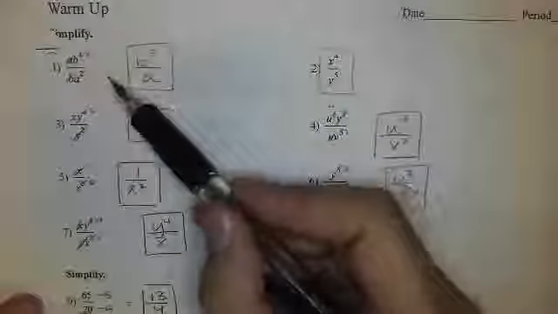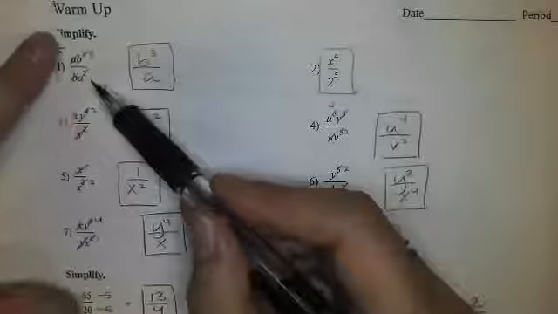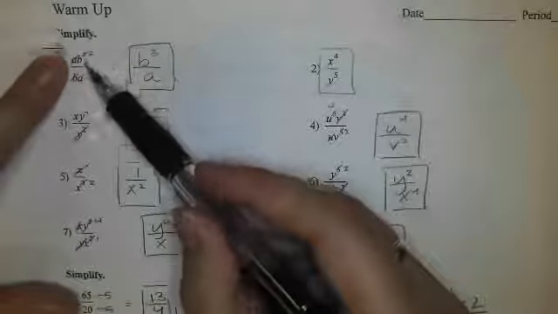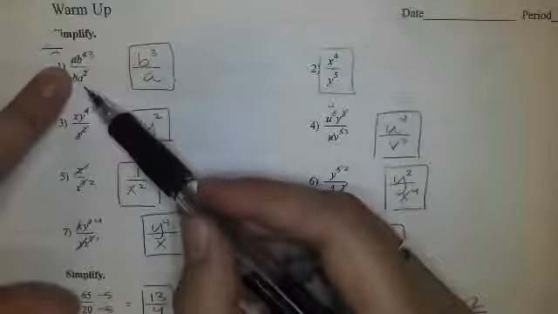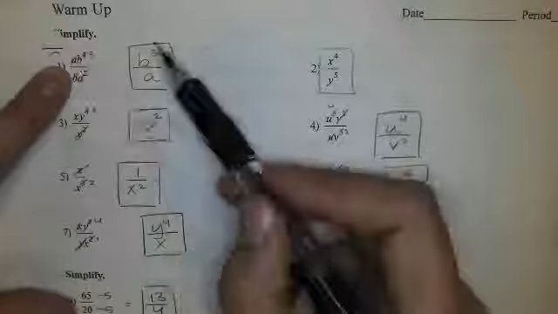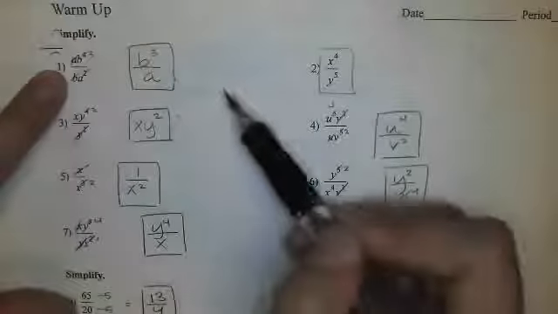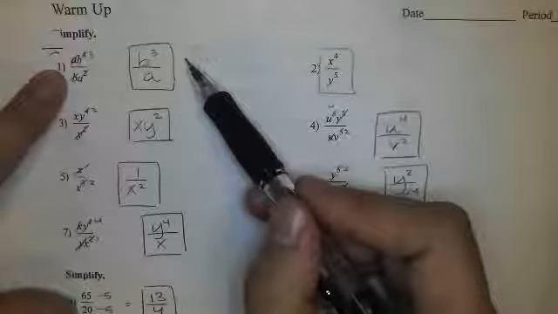If we look at our warm-up, on number 1, in the original problem we had a b to the 4th on the top and b a to the 2nd on the bottom. To get b to the 3rd as the answer, we said there was 1 b on the bottom and 4 b's on the top, so I could cancel out one of those on the top and the bottom, and that would leave just b to the 3rd on the top.